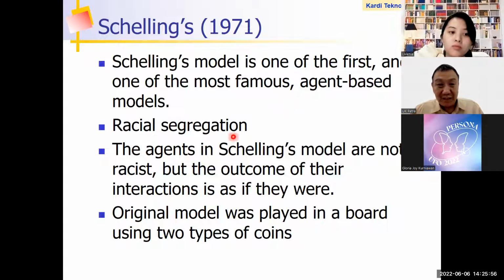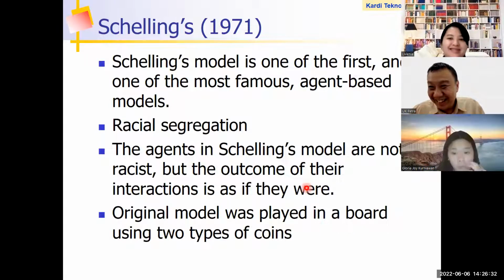So then this person created a model. Look, the agents in this model are not racist. But the outcome of the interaction happened as if they were racist. So this tries to explain that racism comes from the rule, and is not inherited within the race itself. Interesting, right?